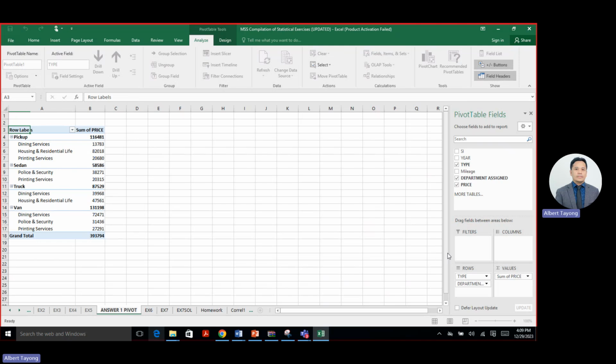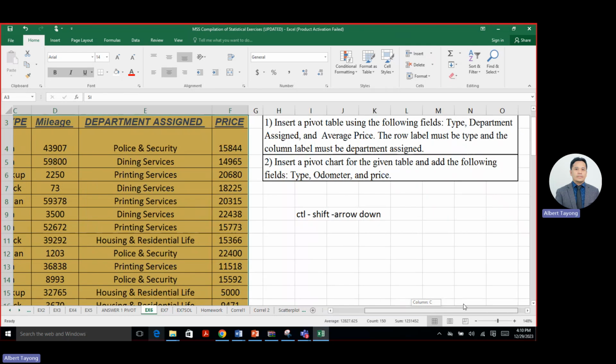As you can see, the type and the department are both under the rows here, so it's difficult to analyze. Everything is placed under the row. To easily analyze it, we have to tweak it a little bit.